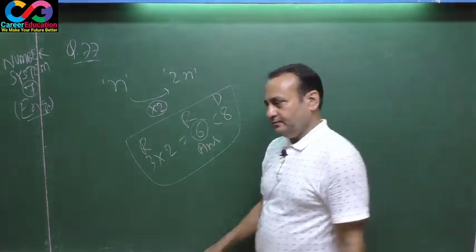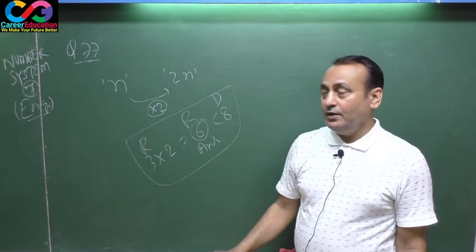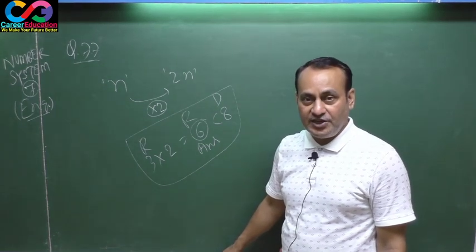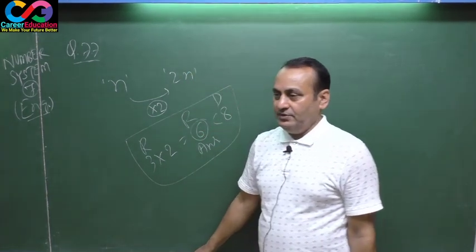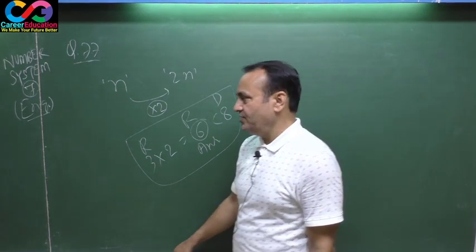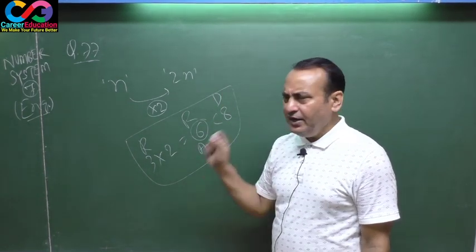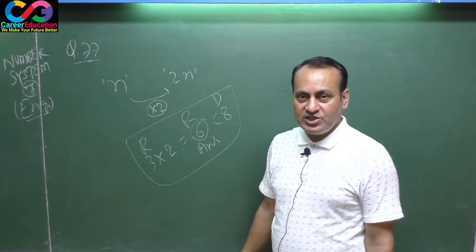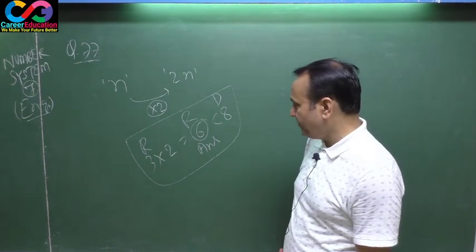When the divisors are the same both the times, but the second dividend is twice the first dividend, remainder must be twice the first remainder. This is your tricky approach.